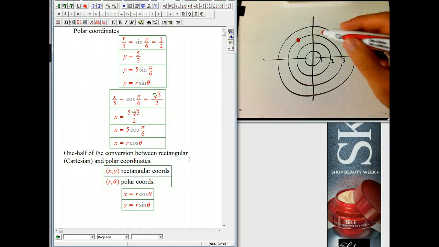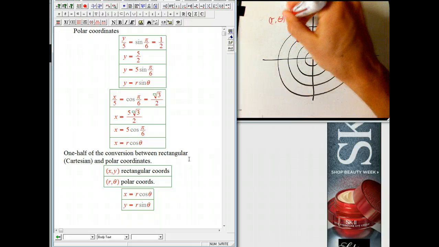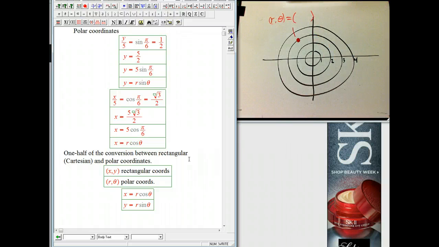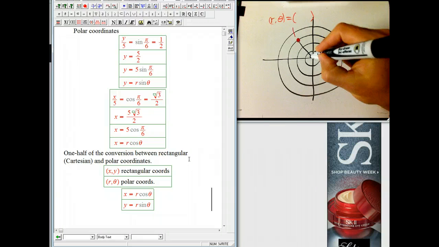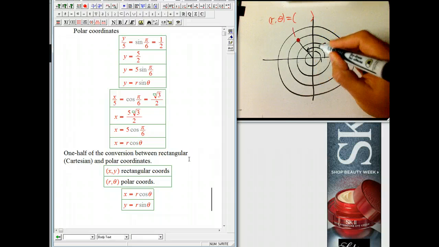And I want to figure out what are the r, theta values for that guy. Roughly. Think about that for a second. What's the r? Remember, r means distance from the origin, and theta means the angle that you'd have to go in from the origin to get there. So what we want to do is connect that to the origin. And so we're looking for this angle theta.